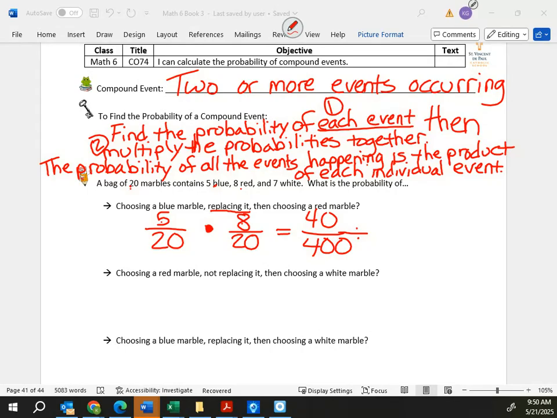Say it louder. 0.1, and then remember we want to go to that hundredths place, so 0.10. Yep. Now I need to turn that into a percentage. What percent would that be? Liam? 10%. So my compound probability, that probability of the compound events, would be 10%. That is my final answer.